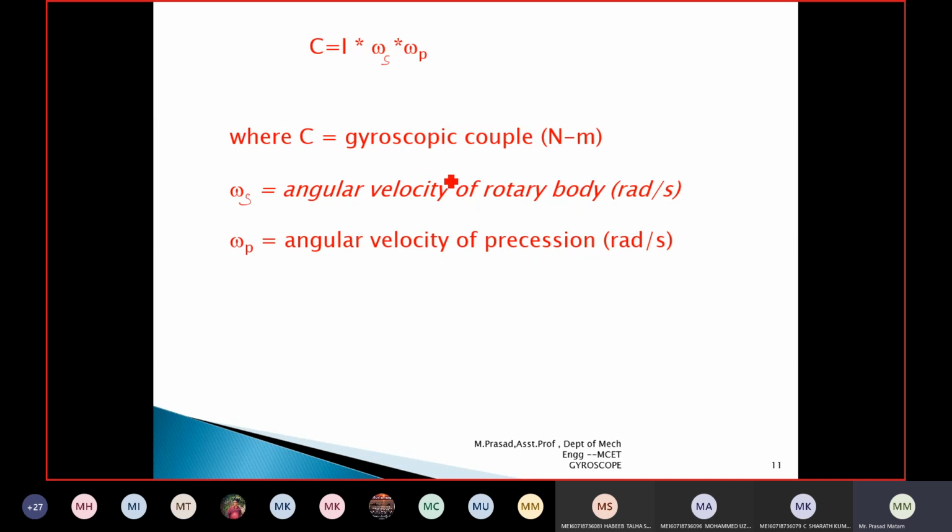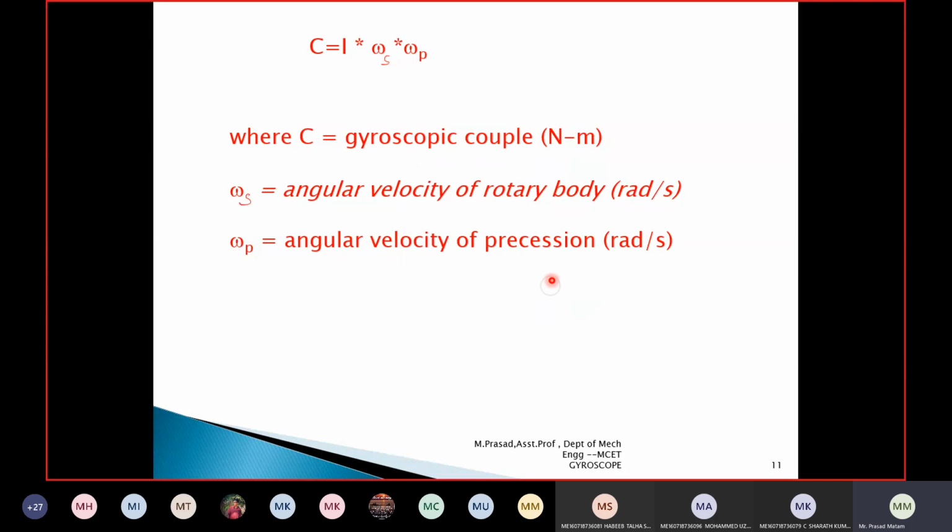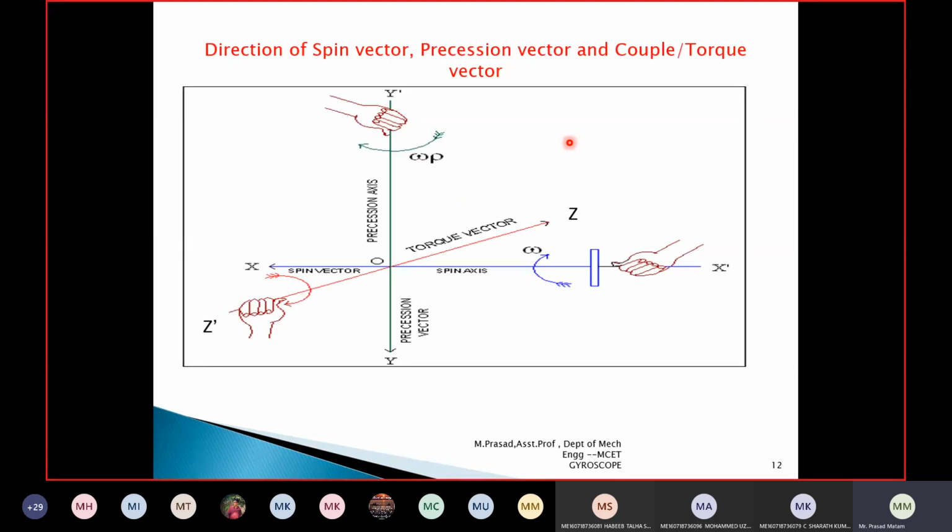C is the gyroscopic couple whose units are Newton meter, and omega s is the angular velocity of the rotary body or the disk, whose units are radians per second, and omega p is the angular velocity of the precession. The total gyroscopic couple unit is Newton meter. Now let us go for one more slide.